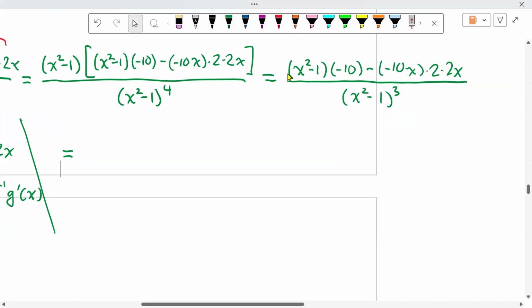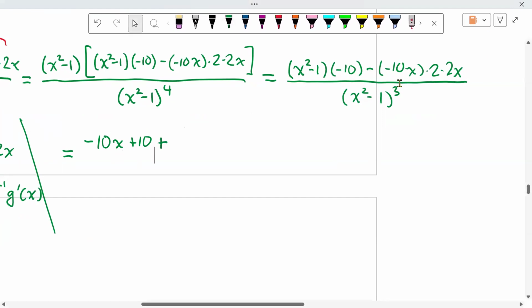All right, so what I can do next is distribute everything. In the numerator, I'll get a negative 10x and a plus 10 here. So negative 1 times negative 10 gives plus 10. And then here, I have a minus and a negative. And so the minus and the negative cancel out. I'll just have a plus.